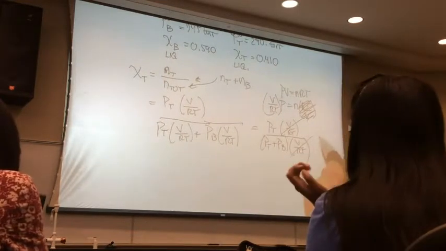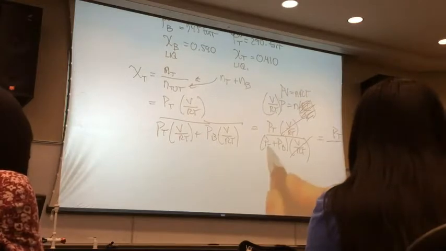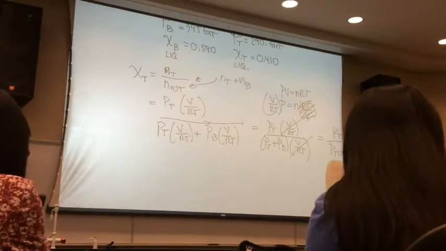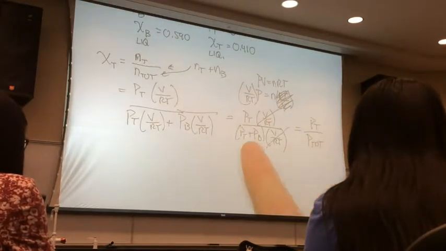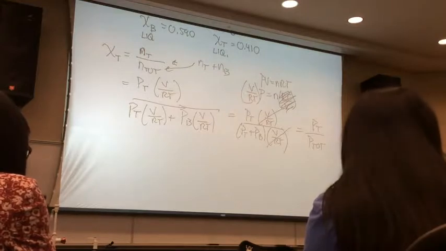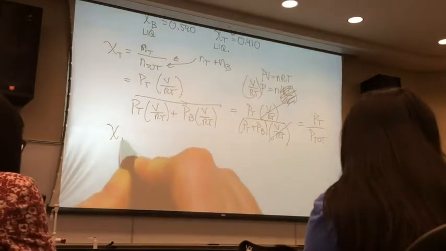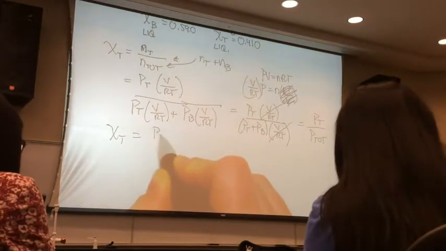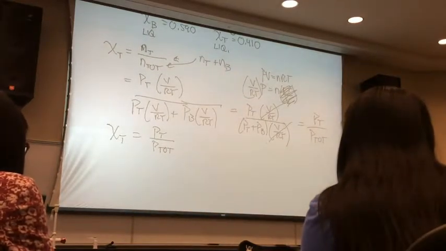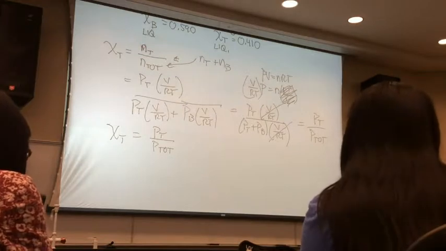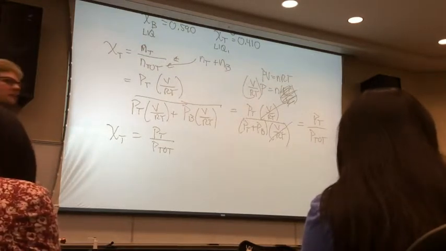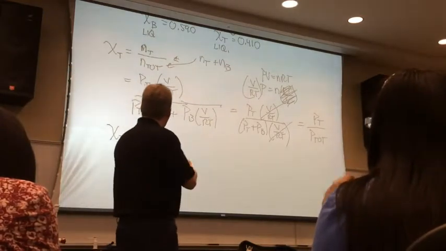And what I have is PT, and the addition of the two partial pressures is the total pressure. That statement right there, that this equals those two, that's just Dalton's law. So we end up with this statement that the mole fraction of a gas is going to be its partial pressure divided by the total pressure. That's how you can calculate the mole fraction in a gas mixture. We talked about that last semester in the gas law chapter.